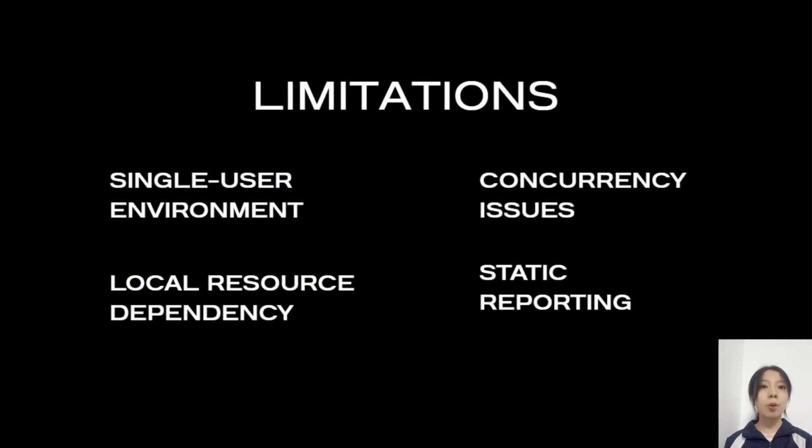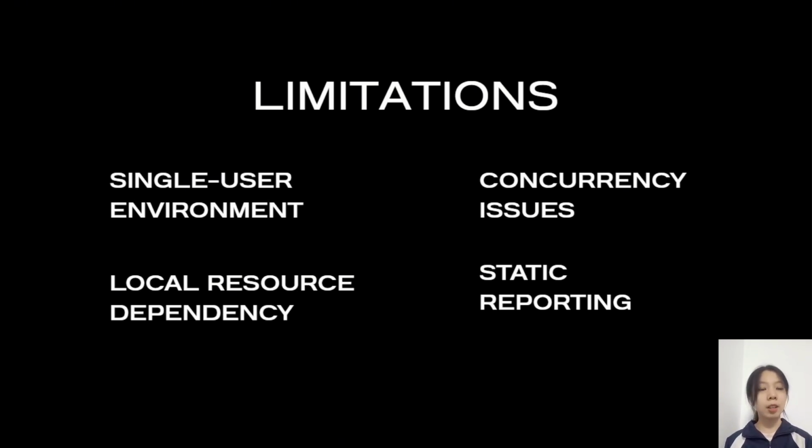Second, there is local resource dependency. Product images are stored locally, which works for a standalone setup. However, in a distributed system, cloud storage would be preferred to centralize images across multiple client instances.